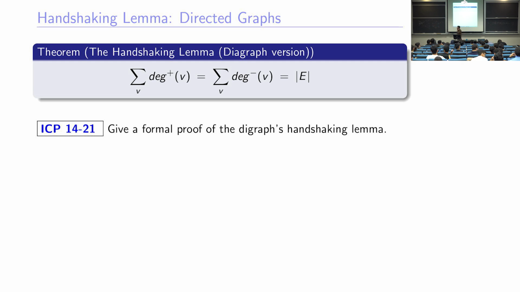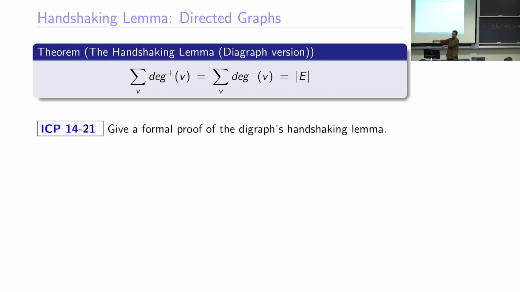In a directed graph, the handshaking lemma says that if you add up all the in degrees, you get a number. That number must be equal to what you get if you add up all the out degrees. So the sum of the in degrees must be equal to the sum of the out degrees. Does this make sense? That is even simpler to see, because each edge contributes 1 to some in degree.